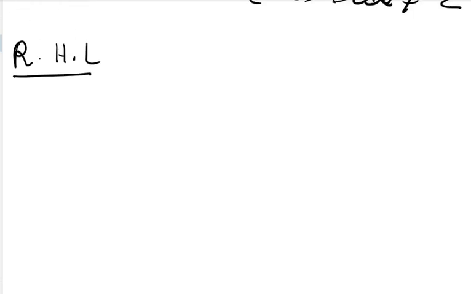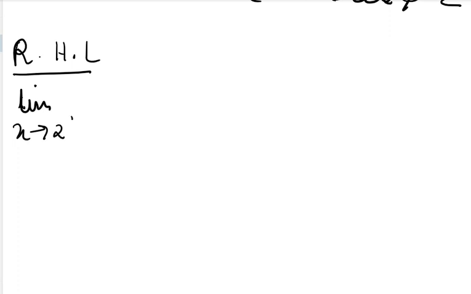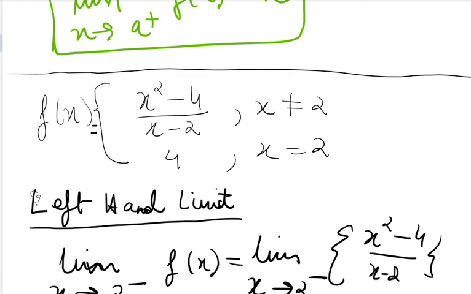RHL, what my RHL will be, limit x tends to 2 positive f of x is equal to limit x tends to 2 positive x square minus 4 divided by x minus 2, my mistake, that was the x minus 2 over there. Every time I'm writing a wrong thing.